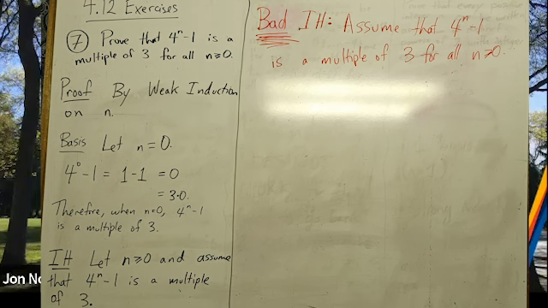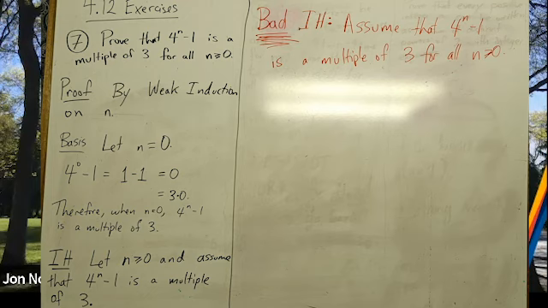It might feel to you like it's similar to the statement that I wrote, but it is not similar, okay? The problem is that you have written that you're assuming the thing that you want to prove. You need to prove that 4 to the n minus 1 is a multiple of 3 for all n, and you're just saying, okay, assume it's true. But if you're already assuming it's true, how can you prove it?